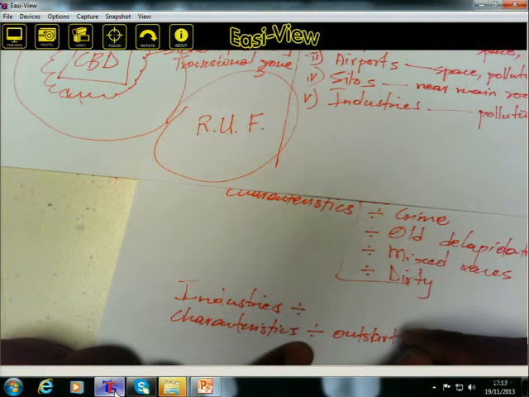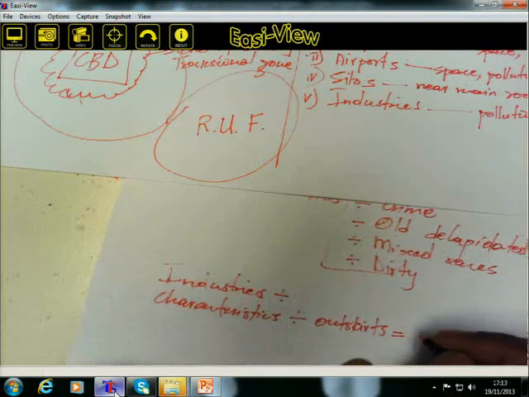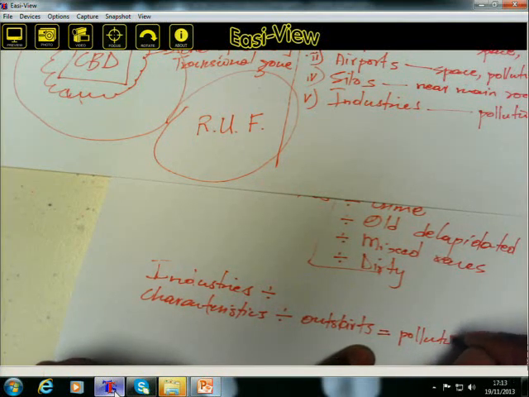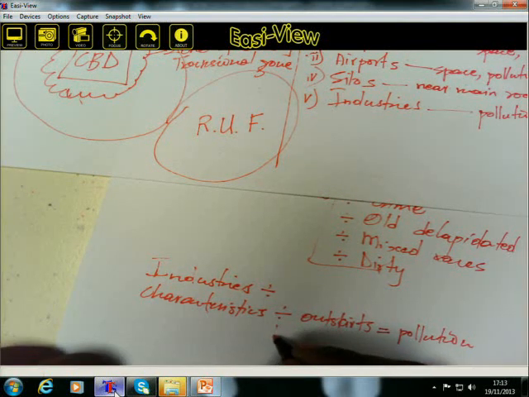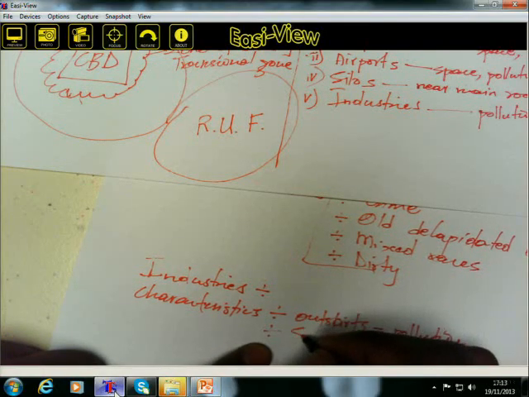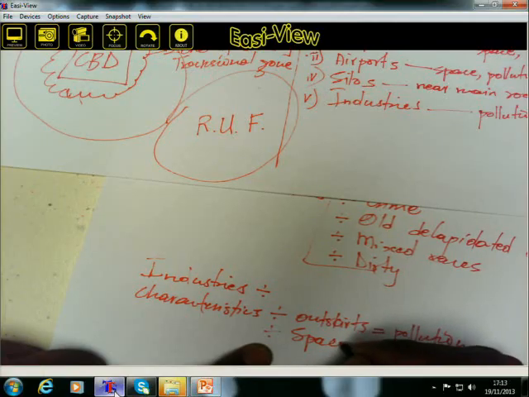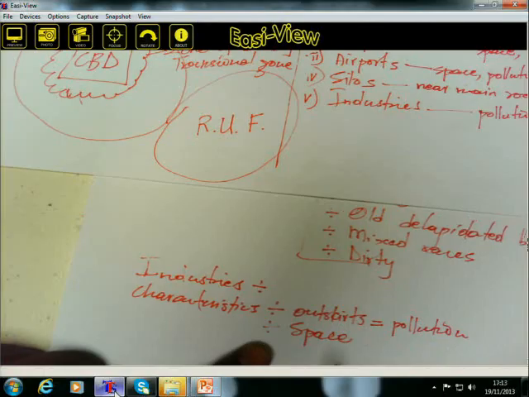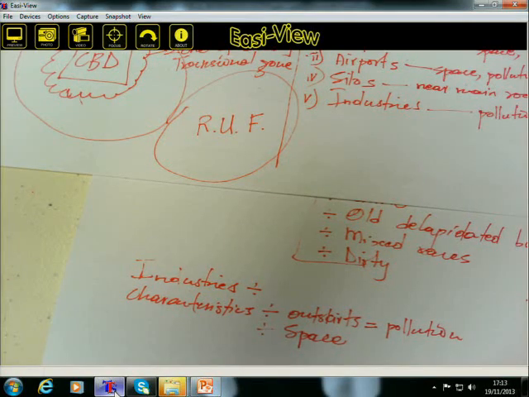Why on the outskirts? Because they make a lot of pollution. Further than that, the very same industries are associated with space. They need a lot of space. So that's why we find them always on the outskirts.